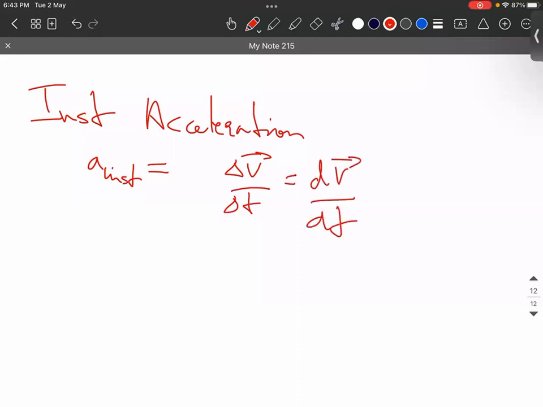But since it is instantaneous, for a given instant I have to take the limit, delta T approaches 0. Clear? So it is acceleration A instantaneous, with INST standing for instantaneous, at the instant.